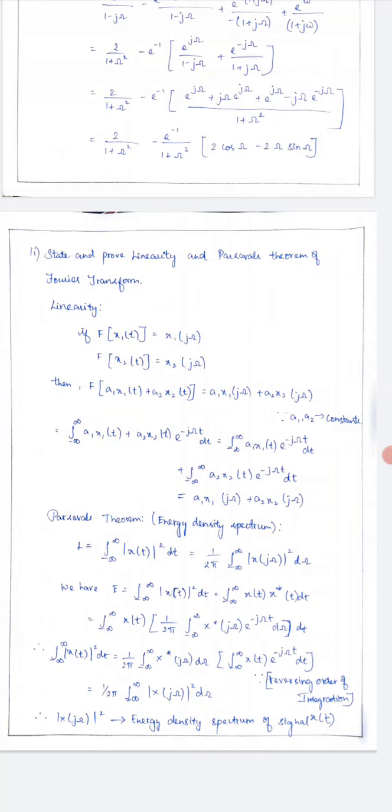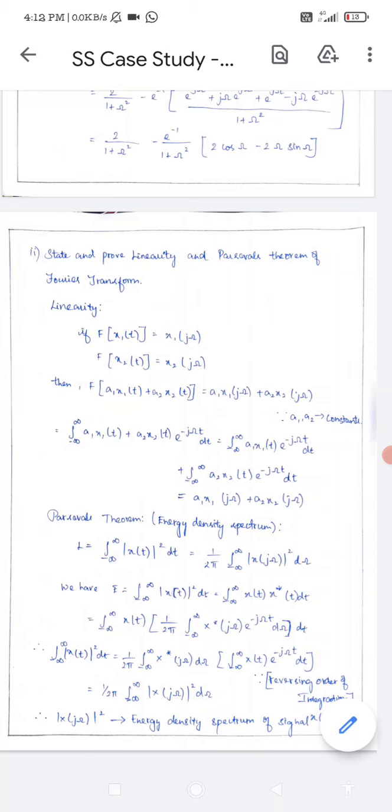If we simplify this, we will get the integral from minus infinity to infinity of x(t) into 1 by 2π times the integral from minus infinity to infinity of X(jω) e^(-jωt) dω into dt.